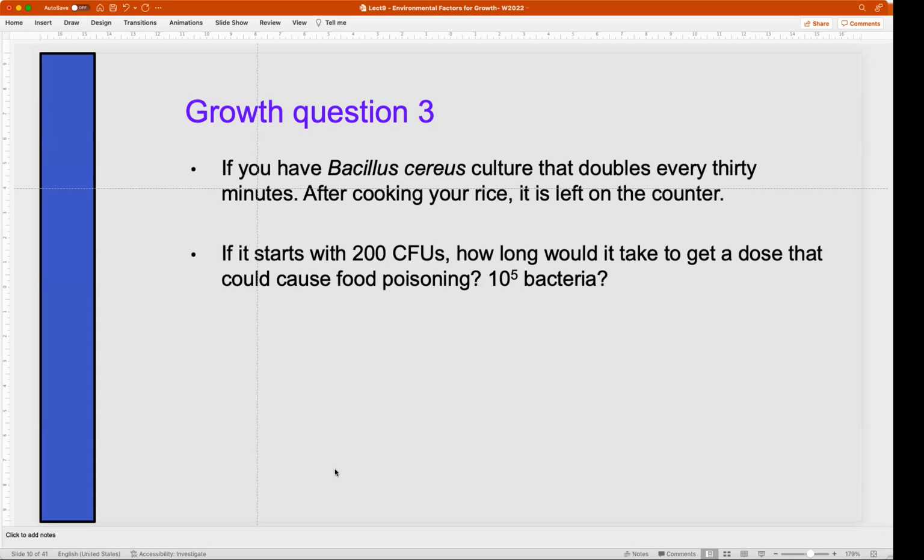So 200, and it doubles. This is 4 here, and this is the stopping point right there. Possibly 217 minutes. 1, 2, 3, 4, 5, 6 doubling periods, 6 times 30 minutes each.